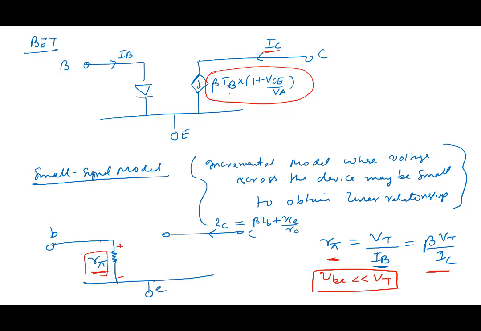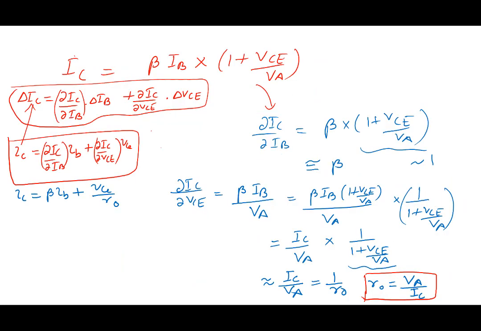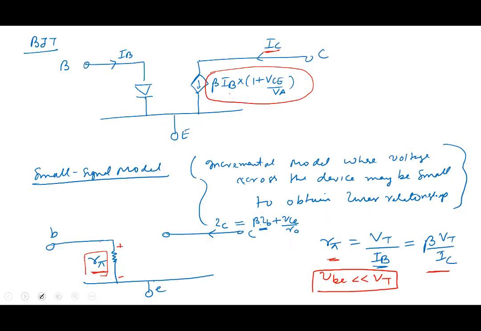IC is made up of two terms. How do I represent the first term? Are you seeing that I can represent it like this, beta ib? Agreed? The second term I can represent like this, R0.